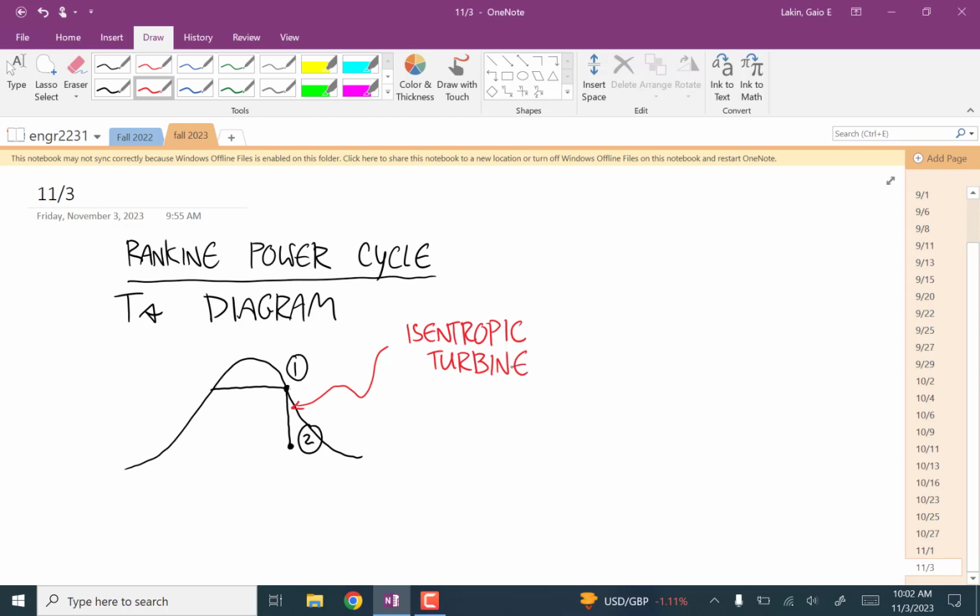What does it take for something to be an isentropic process? No change in entropy. Yes, that's what that word means, right? And what does it require for an isentropic process? No heat transfer and no irreversibilities, internally reversible.